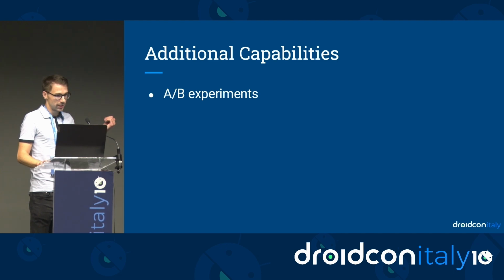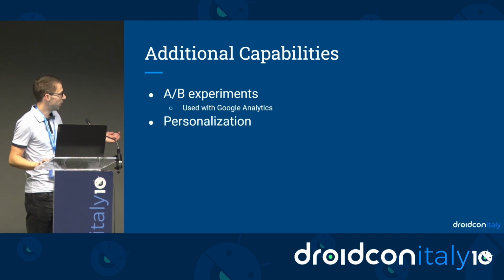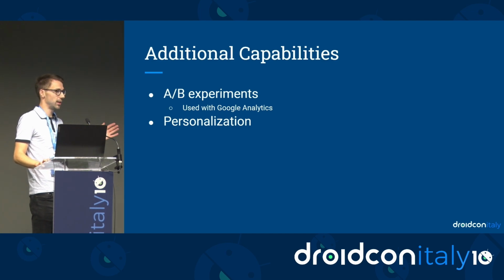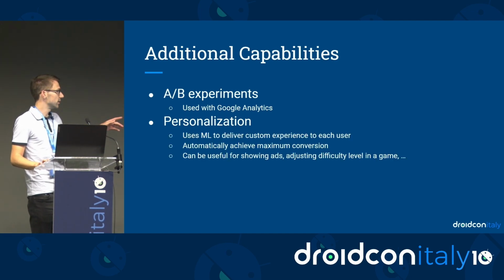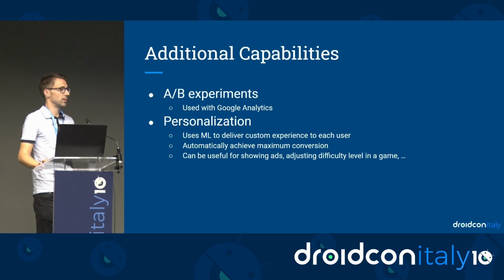Okay, I'll go quickly through this. Some other capabilities of Firebase are the A/B experiments. There's a tab there where you can run experiments. It also supports some personalization, meaning you can use machine learning to deliver a custom experience to users.